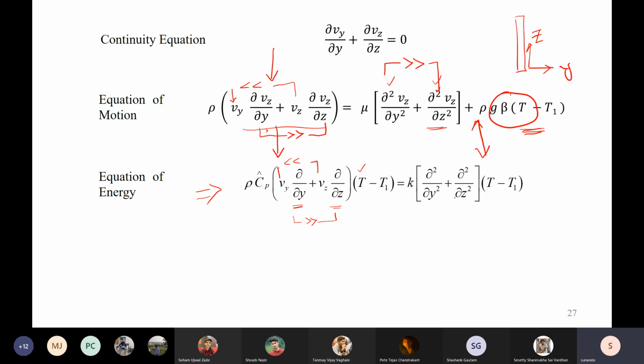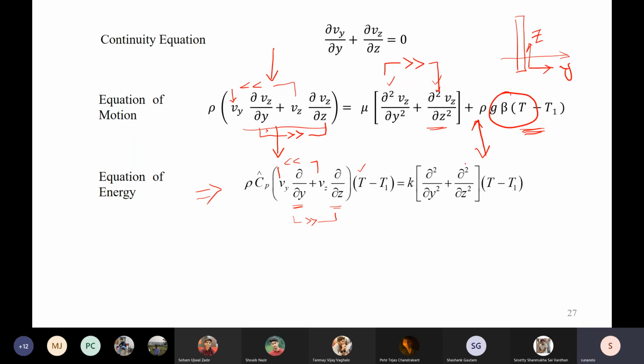When we come to the right-hand side, it's the conduction of energy. If you look at the conduction of energy, it is going to be mostly in this direction, primarily or predominantly in that direction, because the temperature is a strong function of y and a weak function of z.